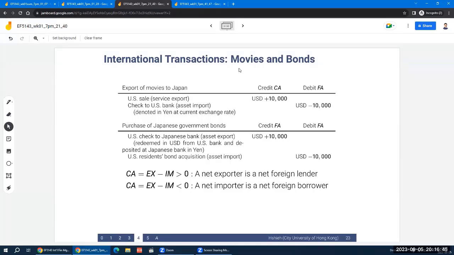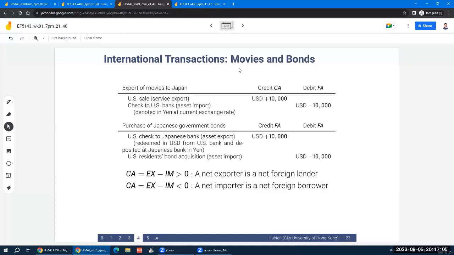The first table is a commodity flow transaction. We have two countries, the United States and Japan. The US wants to export movies to Japan. As I already said, exports are credits and imports are debits, and we're taking the perspective of the United States.